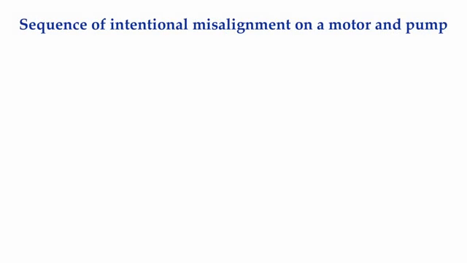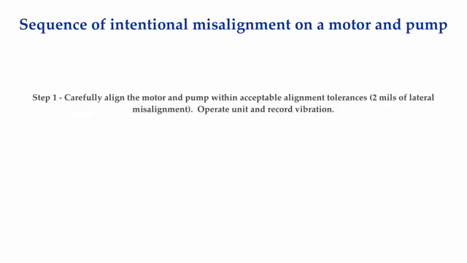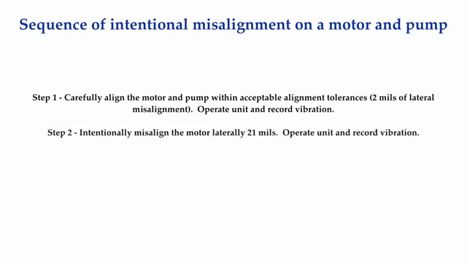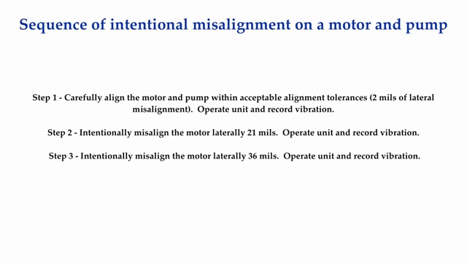There were 4 different misalignment conditions that I tested. Initially, the drive system was aligned within 0.2 mils per inch. Then, I misaligned the motor sideways by 21 mils, started the pump up, gathered the vibration data, and shut the unit down. I then misaligned the motor until the motor got bolt-bound at 36 mils of lateral misalignment.